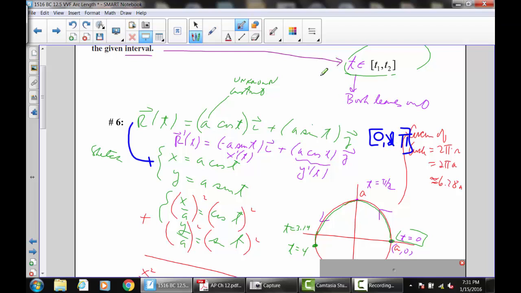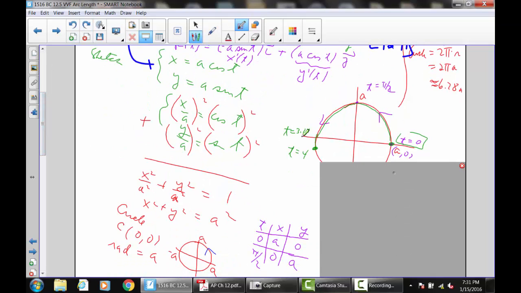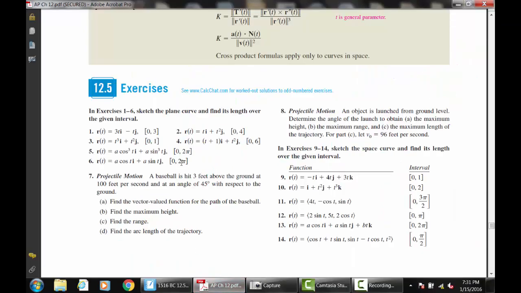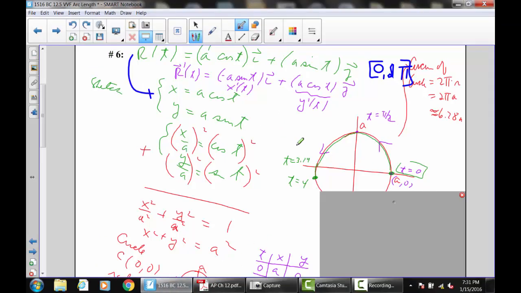Oh my goodness me. Okay, I will take that off, and that's a 2. Just trust me on this one. So, in effect, they're asking you to go from 0 to 2 pi. Obviously, I'm looking at the wrong one. I must be doing something like number 6. So I guess forget all that, because for some reason, I'm going from t equals 0 to t equals 4, and I don't know why I'm doing that. I don't know why that is there.